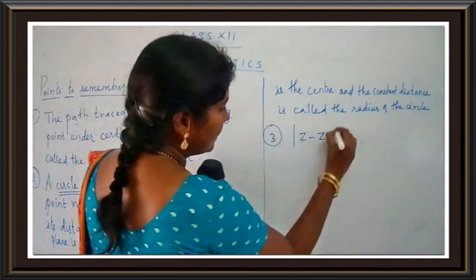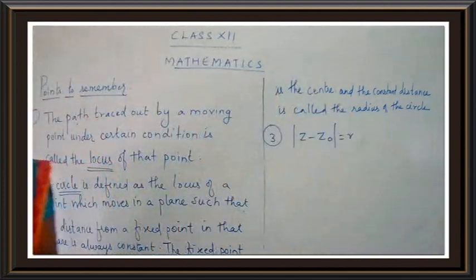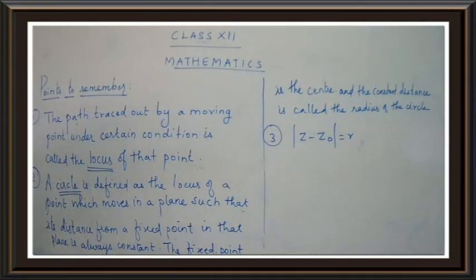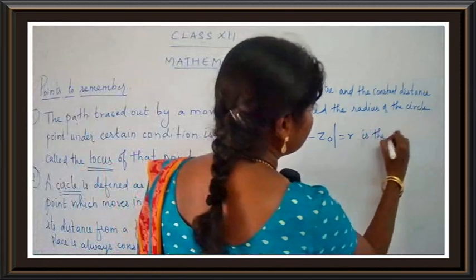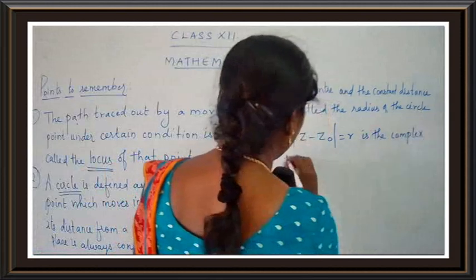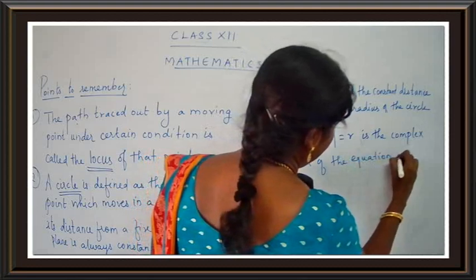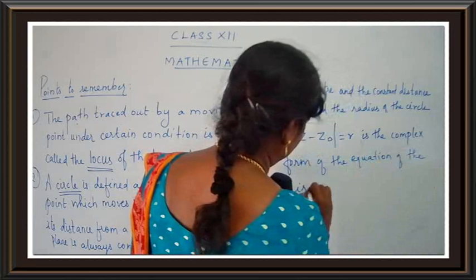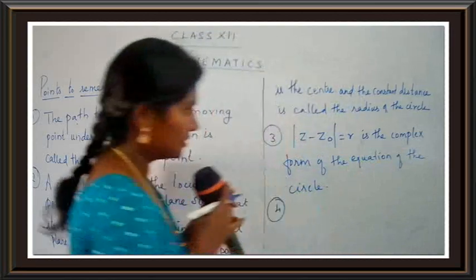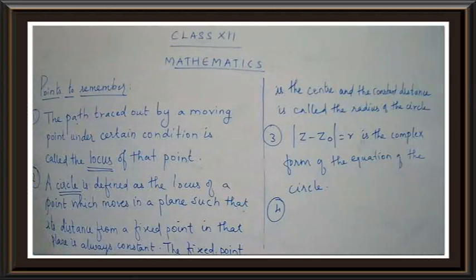Modulus of z minus z naught is equal to r is the complex form of the equation of a circle. So this is the third one.